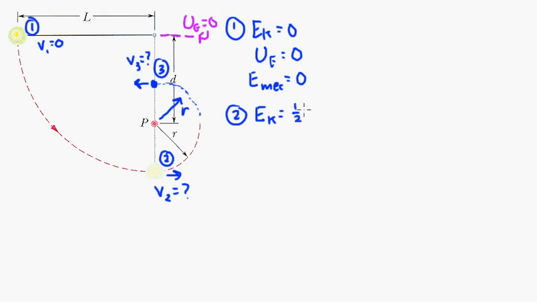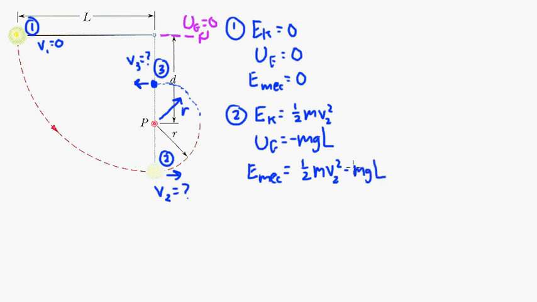The potential energy due to gravity there is below my 0 potential energy point, so it will be negative, and the string length is L. That's the distance down from vertical, so this is negative mgL. Emec there is just 1/2 m v2 squared minus mgL.